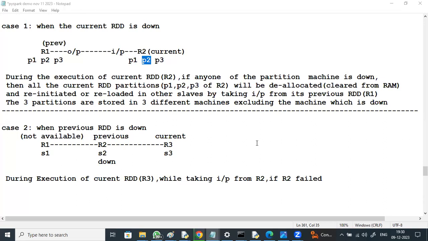Which 10 systems, you cannot say. That entire information will be available with the master node, which we call the name node. It knows that.